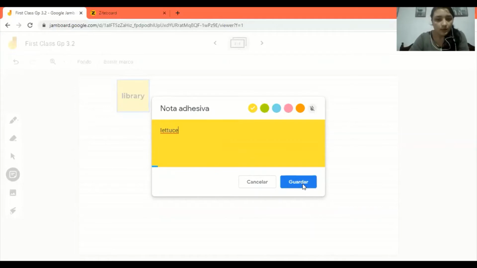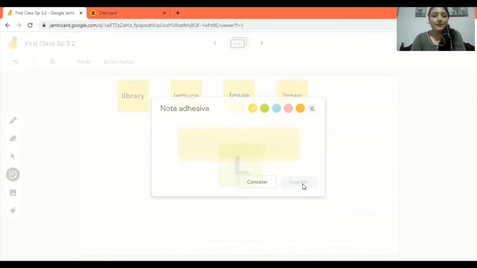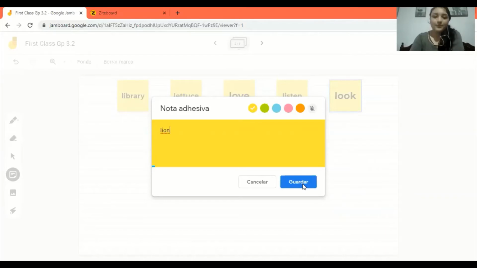Another one, let's choose quickly. Another one, love, the most common word. We all know this word. Another one, listen, at least a verb. Another verb, look, right. Another one, lion. Very good.